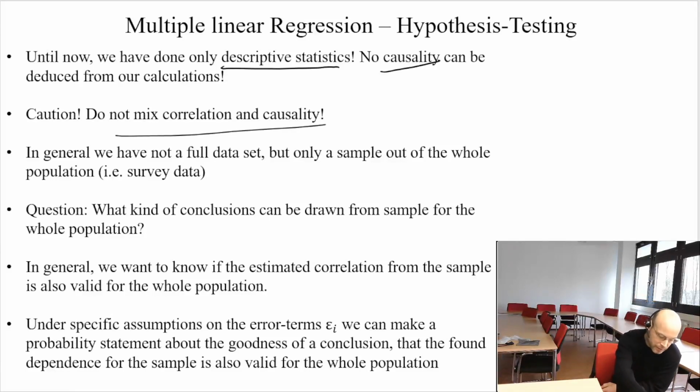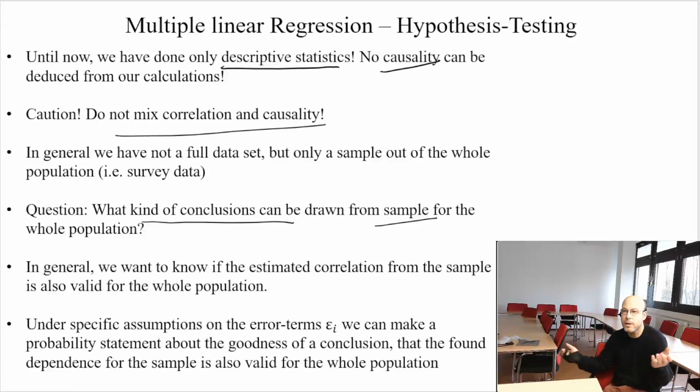So what kind of conclusions can be drawn from our survey data, from our sample, to the whole population, for the whole region? Or if we find in our data set a high correlation, can I then also draw the conclusion that the correlation for the whole region, for the whole population, is also high?